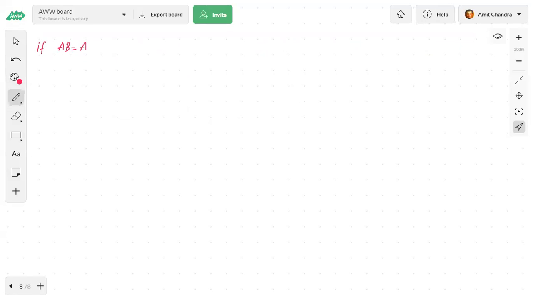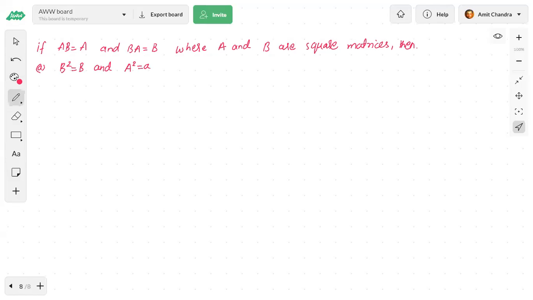If AB is equals to A and BA is equals to B, where A and B are square matrices, then the options are: Option A, B square is equals to B and A square is equals to A.